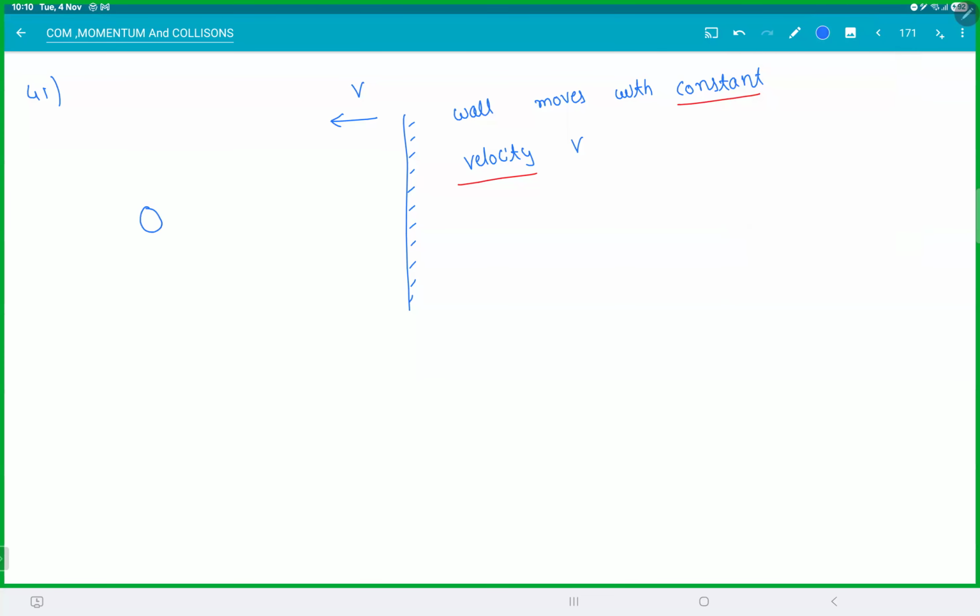And let's say you have a ball here which is coming with speed u, and coefficient of restitution is e. Find the velocity of the ball after collision. It's like a cycle hitting a train. The train's speed won't change.